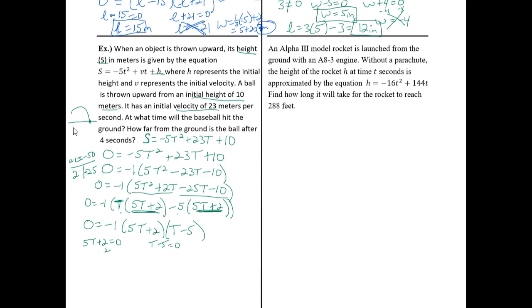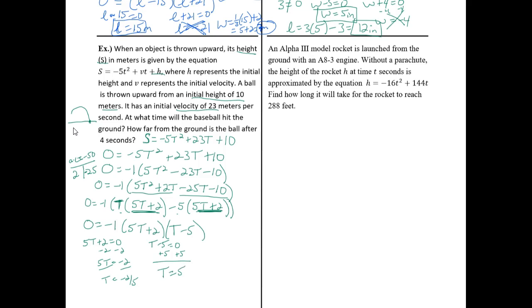I would subtract 2 here, have 5t equals -2, divide by 5, and t would equal -2/5. Over here, I would add 5 to both sides, and t equals 5.